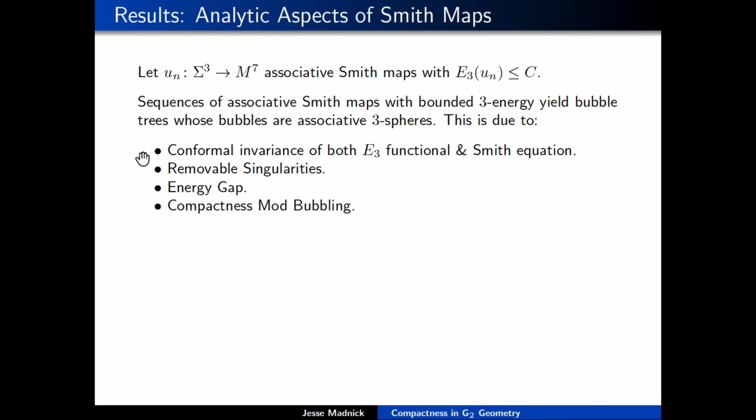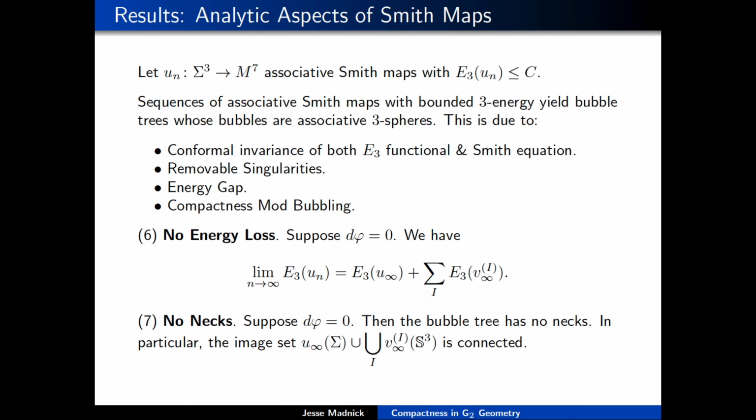When you have a conformally invariant functional and a conformally invariant PDE, when you have a removable singularities result, an energy gap, and a compactness mod bubbling theorem, as we do, sequences of your objects after passing to subsequences with uniformly bounded functional or energy will converge to bubble trees in the limit. So we get bubble trees whose bubbles are associative 3-spheres where the domain has the round conformal structure.